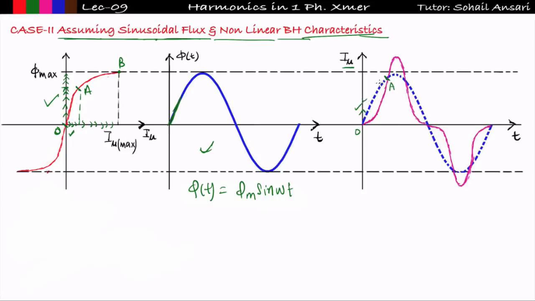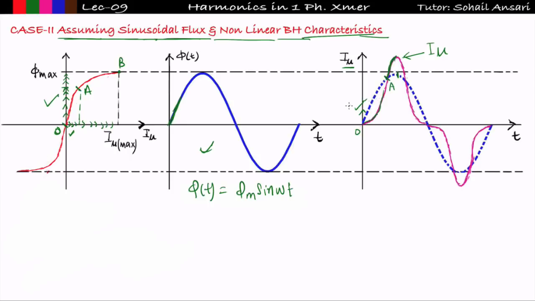This blue dotted line shows the instantaneous value of flux. But see the pink waveform. This pink waveform is the waveform of the magnetizing current. From 0 to A, you can see the magnetizing current is increasing at a very slow rate, and from A to the peak value, the magnetizing current is increasing at a very fast rate.